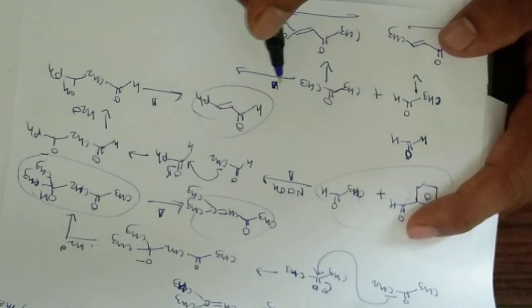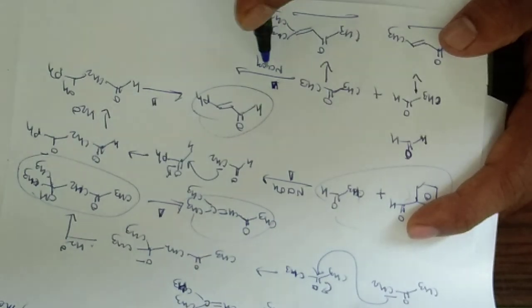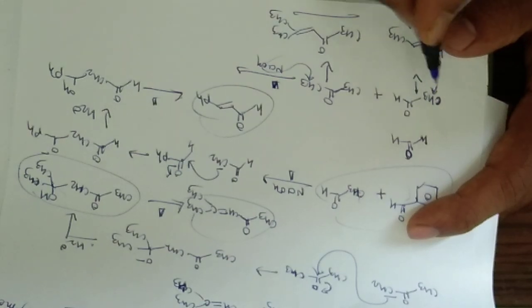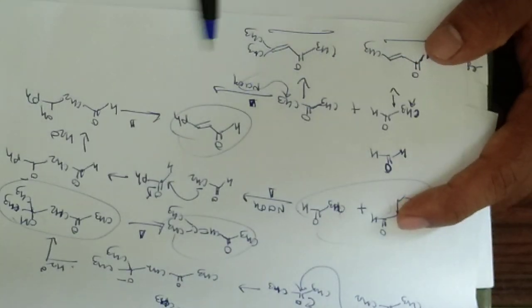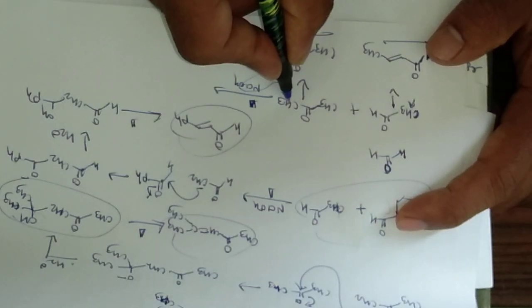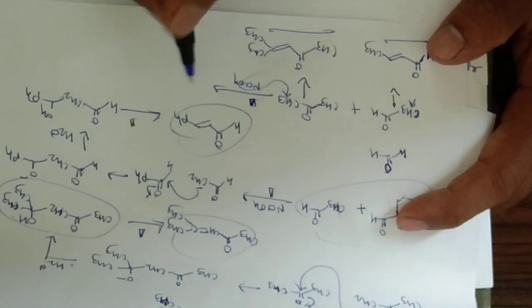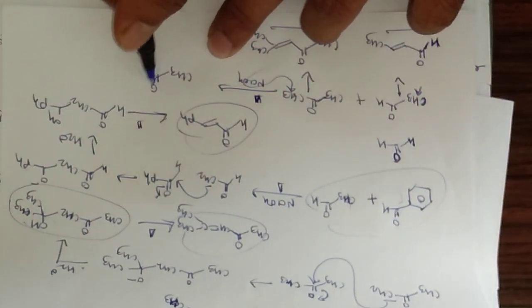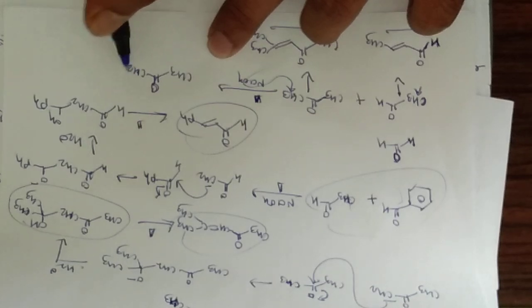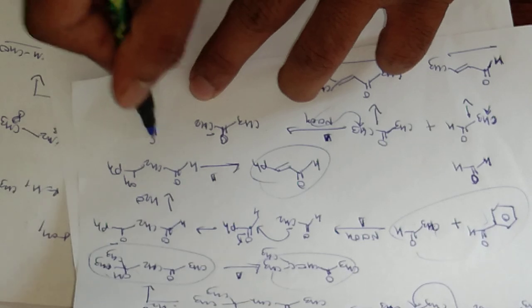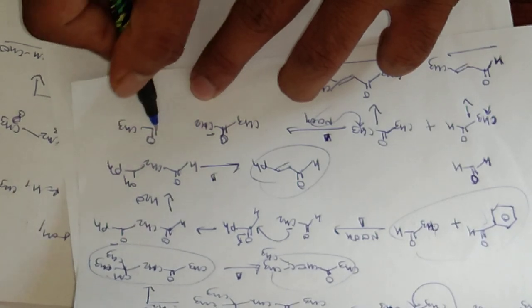Now attention. The base will take a proton from here also. If the base takes a proton from the alpha hydrogen of acetone, then what will happen? CH3-C(=O)-CH2 minus will attack the carbonyl carbon of acetaldehyde.